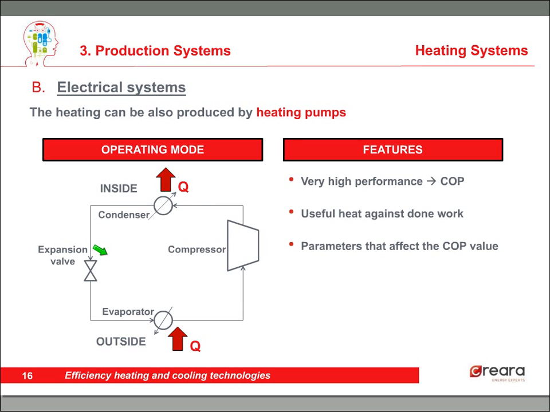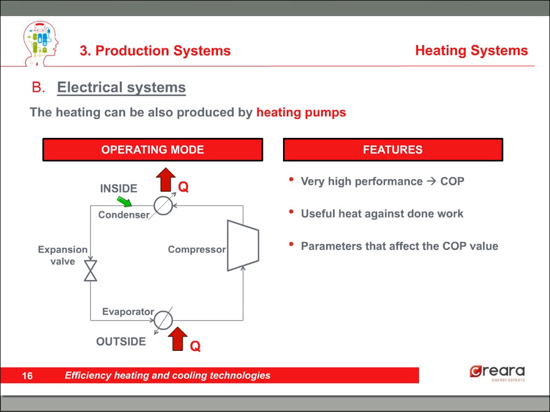Among electrical systems, heating can also be produced by heat pumps. I'm not going to go very deep into the operating mode of heat pumps here, but as you all know, the main parts of a heat pump are the expansion valve, evaporator, compressor, and a condenser.